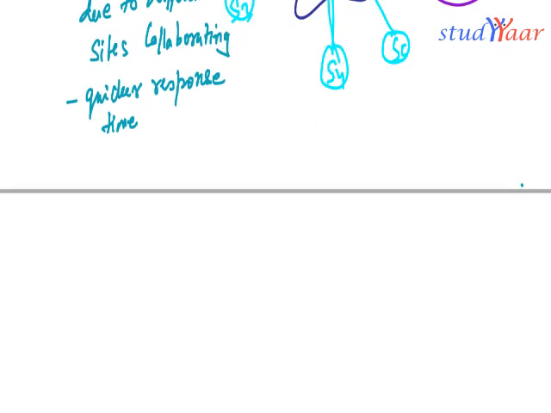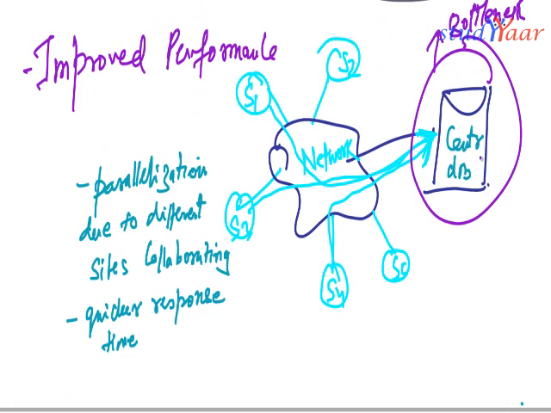And the final advantage is that a distributed system is easier to expand. When you are talking in terms of a centralized system, there is a limit to how many processors you can add over here or how many disk systems you can add over here.